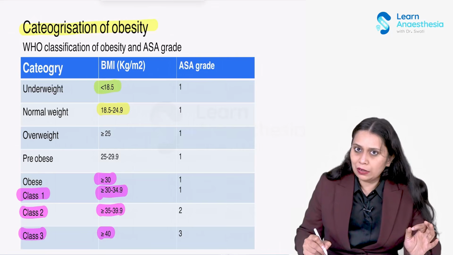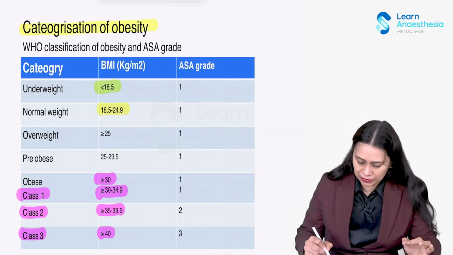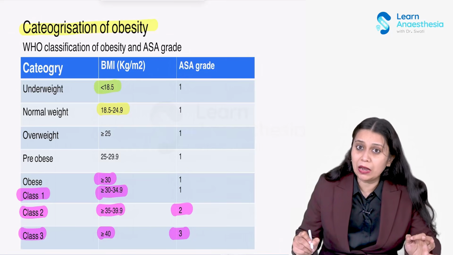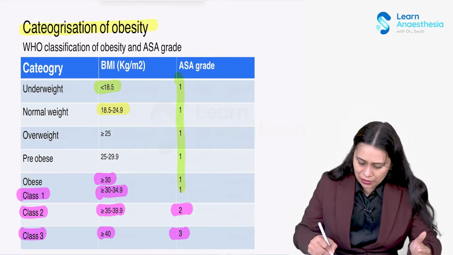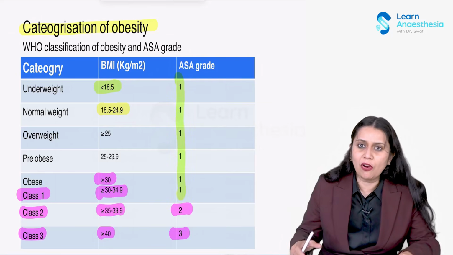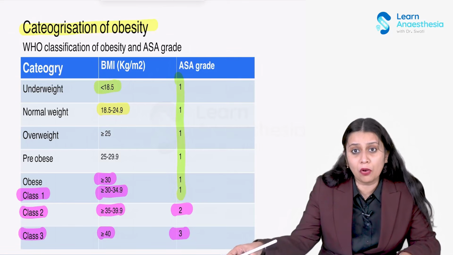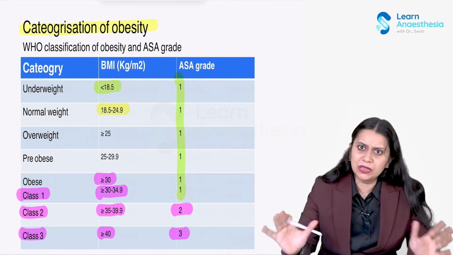And the ASA grading 2 and 3 has been given to class 2 and class 3. Class 3 obesity comes under ASA grade 3. The rest all come under ASA grade 1. So this is the ASA grading and classification of obesity on the basis of BMI. Now we will keep this in mind.